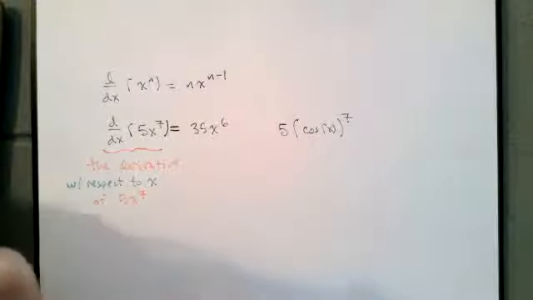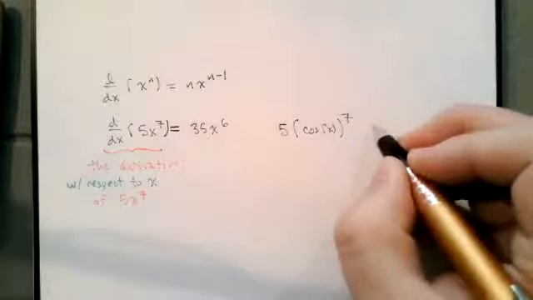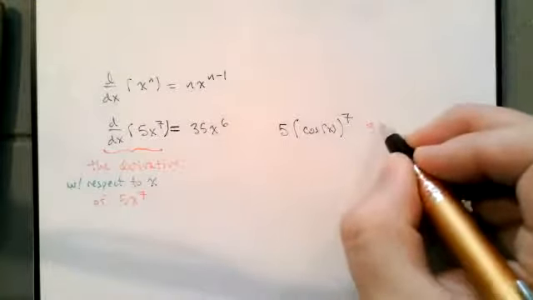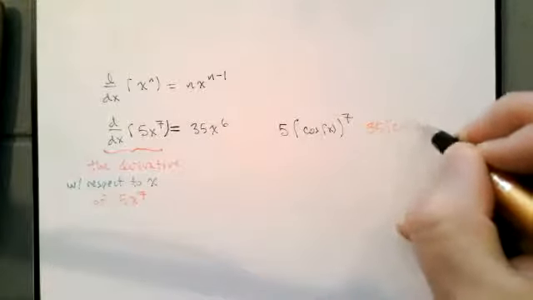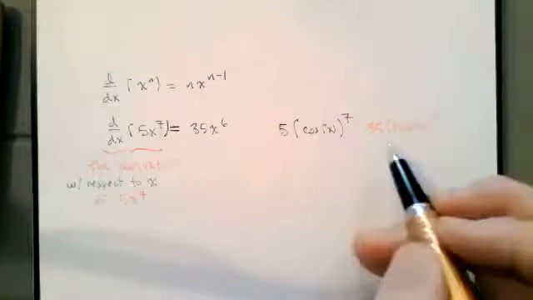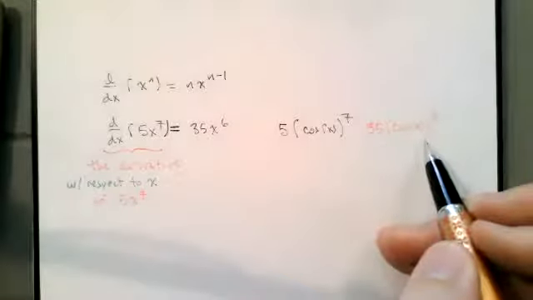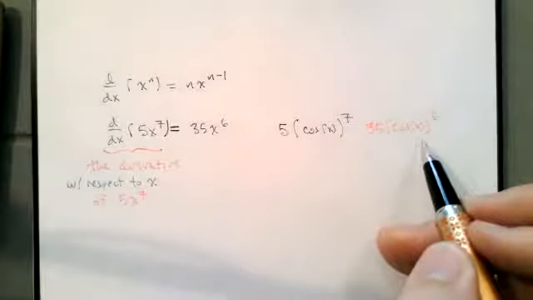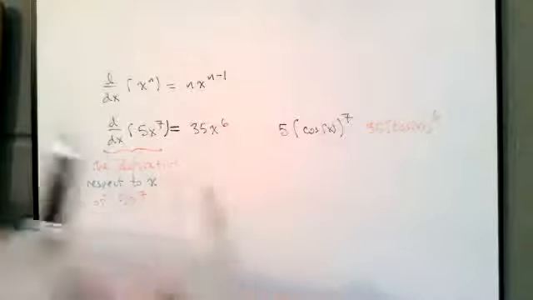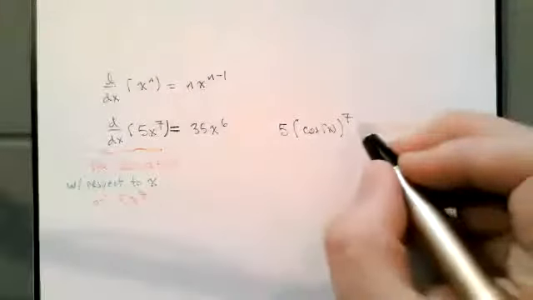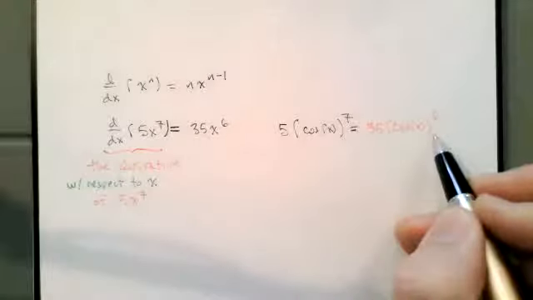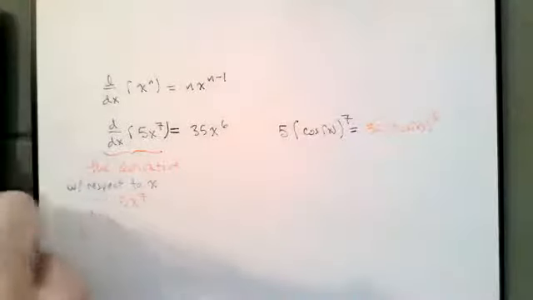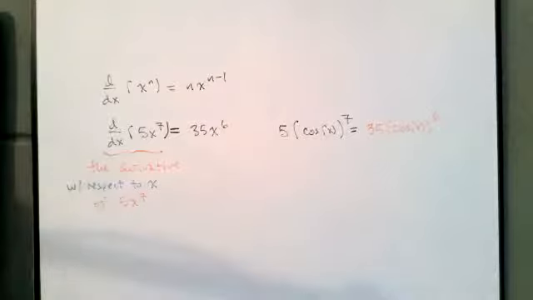So the first thing that we write is 35 cosine of x to the 6th. This is the derivative with respect to cosine, but we want the derivative with respect to x. This is the derivative with respect to cosine, so we have to multiply by the derivative of the cosine with respect to x.